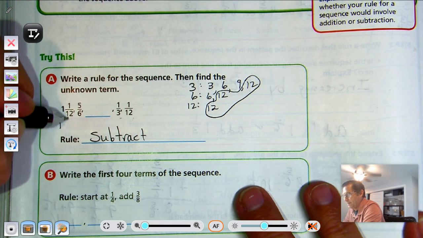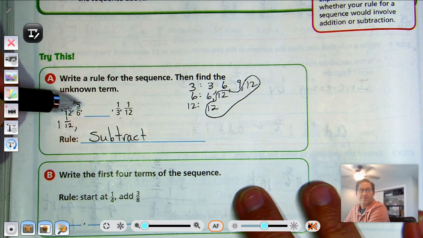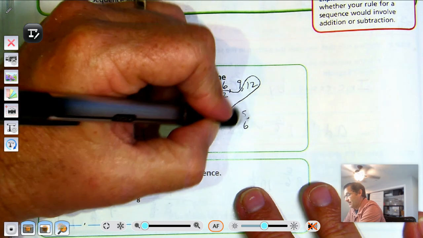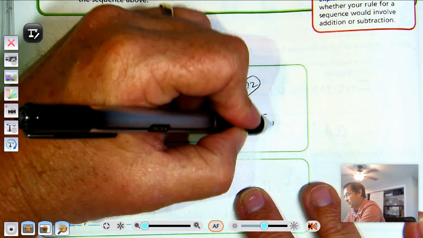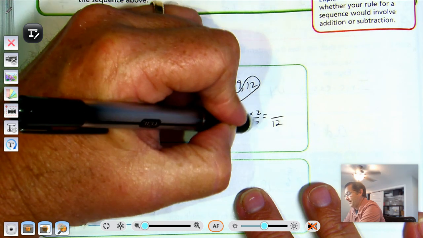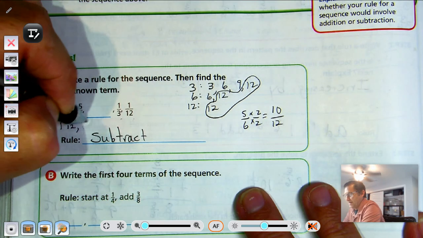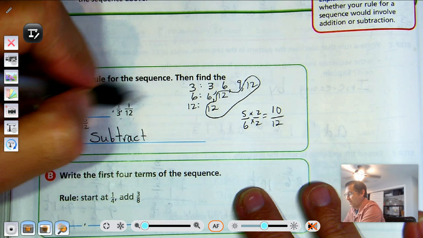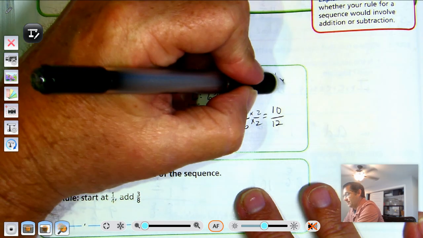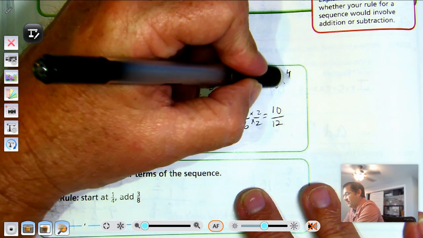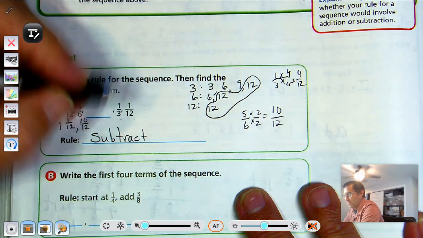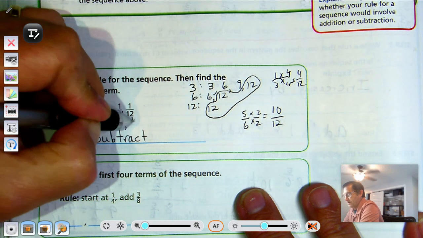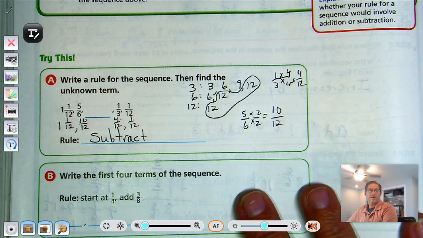So 1 and 1/12. 5/6 times what is 12s? 2, right? So 5/6 is the same as 10/12. 1/3 times 4 is 4/12. And we finish with 1/12.